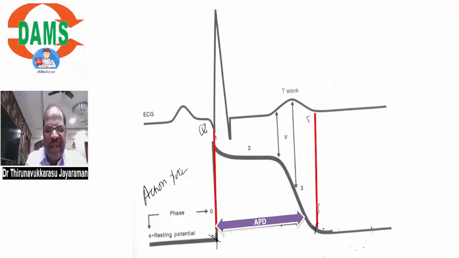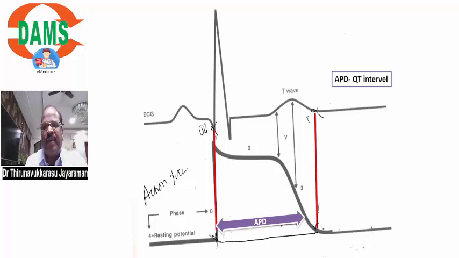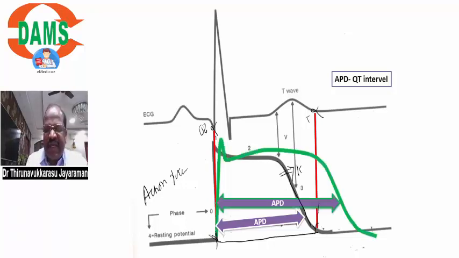That means the action potential duration corresponds to the QT interval. If you know this point, look here. In phase 3, normally what happens? Efflux of potassium happens. Suppose I give a potassium blocker and don't allow the efflux of potassium, this will extend and then fall like this. So this is in the presence of a potassium blocker.